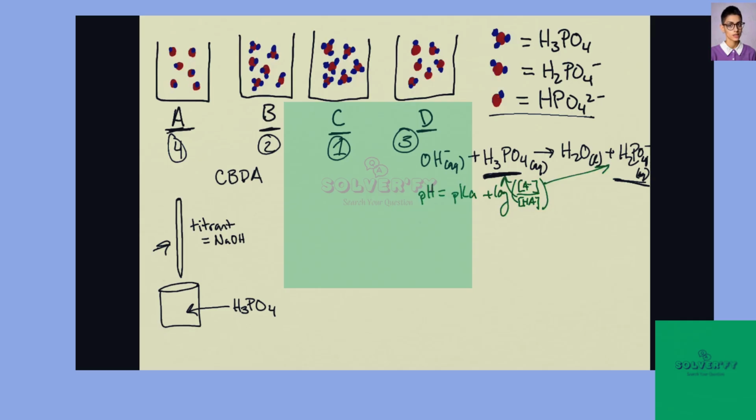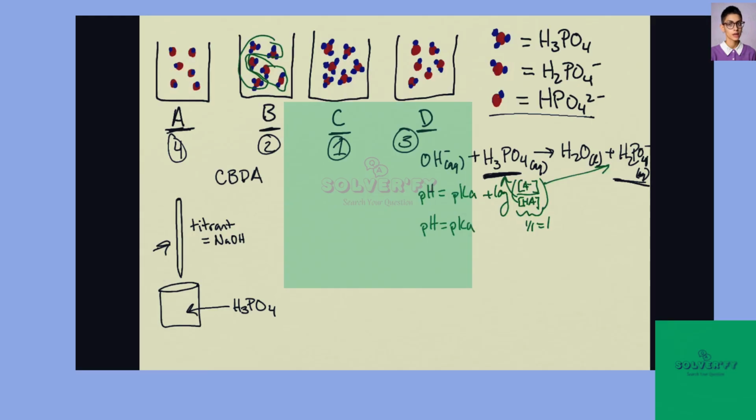If we look at image B, there are 3 molecules of H2PO4- and 3 of H3PO4, so there's a 1-to-1 ratio of the 2 molecules. That means this fraction here is 1/1, or just 1, and the log of 1 is 0, so the pH is just equal to the pKa.